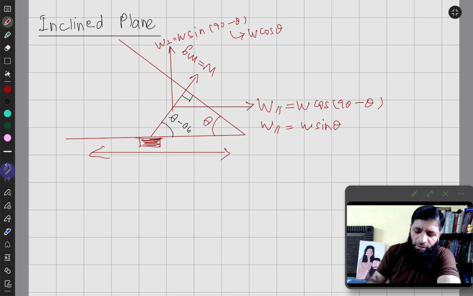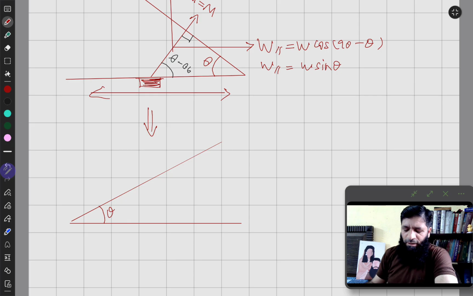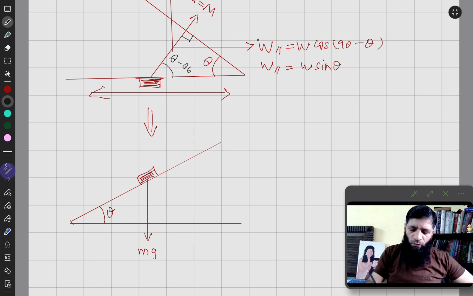So we can have this diagram like this. This is an inclined plane which is making angle theta with the horizontal. This is the object which has weight W, or you can also say mg. First of all, look at the components of weight.